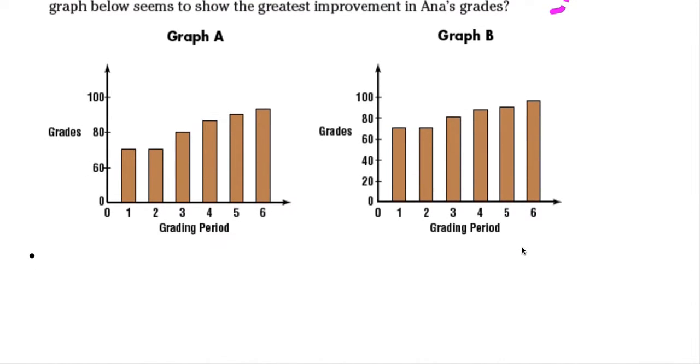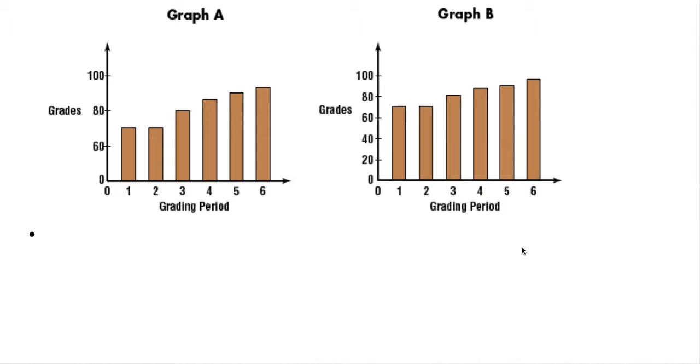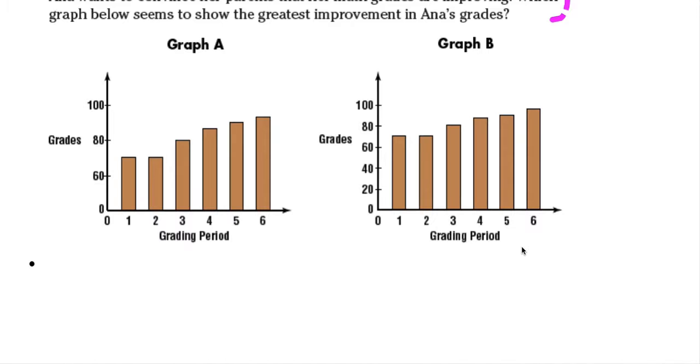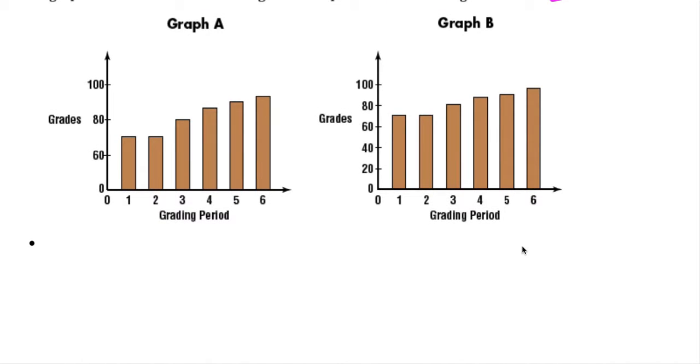If you look very carefully, and if I ask you, do they show the same information? Actually they do show the same data, but they are represented differently, and let's find out why.